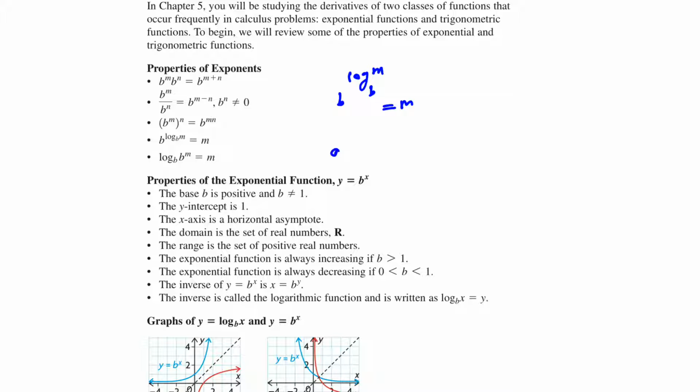From here we have a to the power of x equals b to the power of x times log of a base b. Change of base formula.